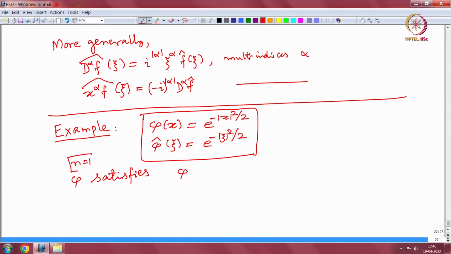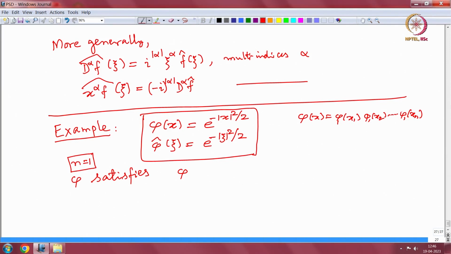For n bigger than 1, we can write phi of x as phi 1 of x1, phi 1 of x2, and so on, a product of n functions, each a function of only one variable.